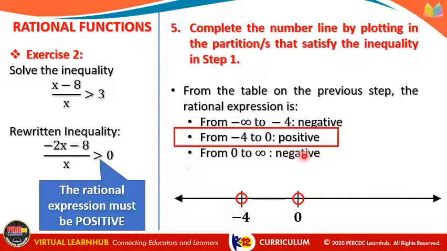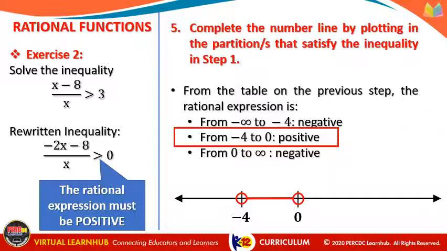Siya lang. Therefore, yung interval na negative 4 to 0, yun lang yung lalagyan natin ng plot. So, between negative 4 to 0, let us put a graph there. And actually, again, ito na rin yung ating sagot. Ito na ngayon yung sagot natin kung ang kailangan natin ay number line.